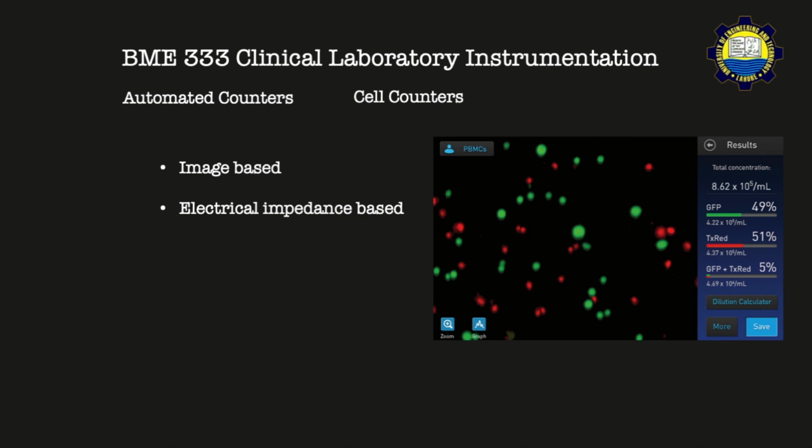And we are constantly measuring that impedance through that aperture. As those cells move through the aperture, there's going to be a change in impedance, and that change is going to be proportional to the size of the particle. Using that information, these counters could provide the number and even the size of the cells as they move through the aperture within the sample.